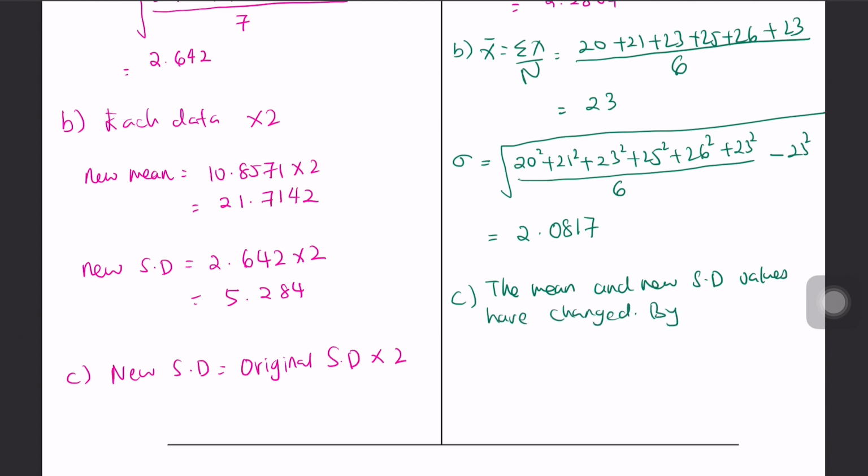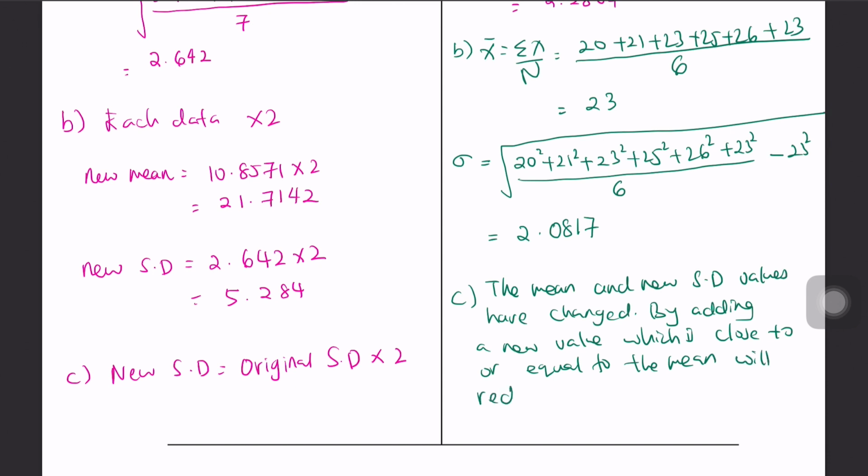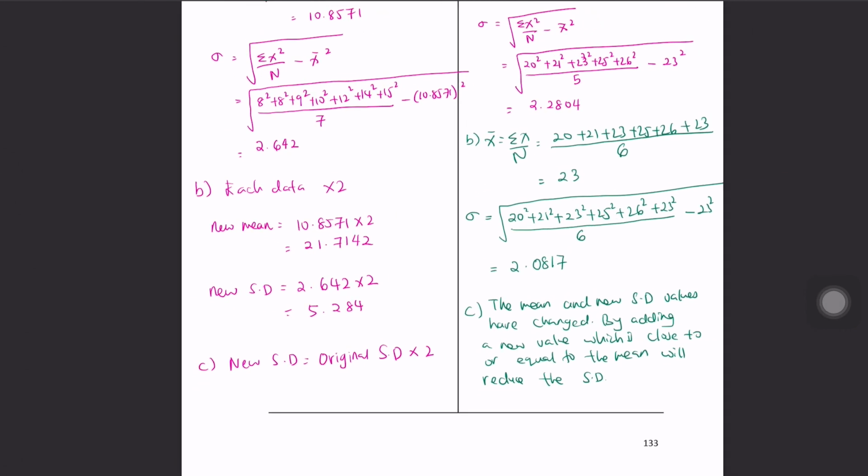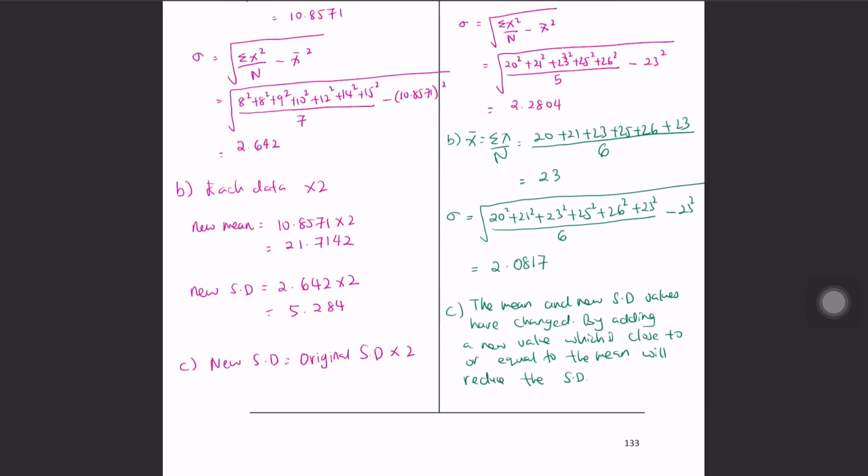By adding a new value which is close to, or equal to the mean, will reduce the standard deviation. Ini salah satu cara awak describe perkara ni lah.